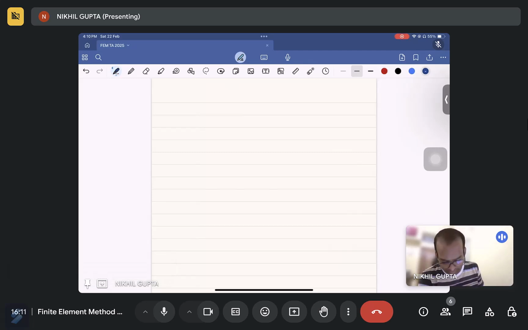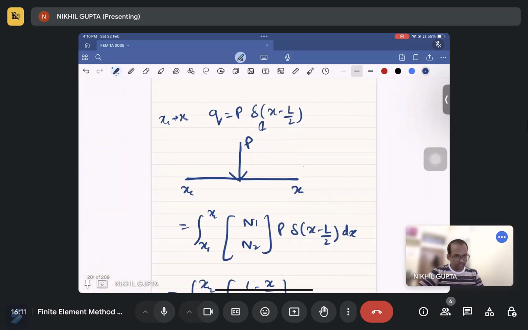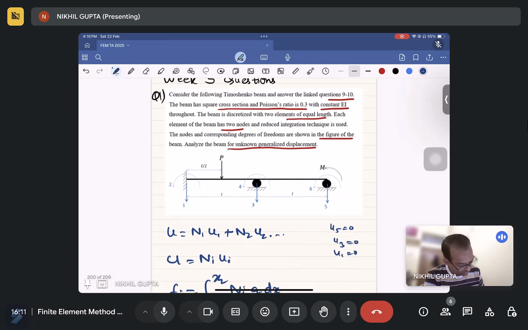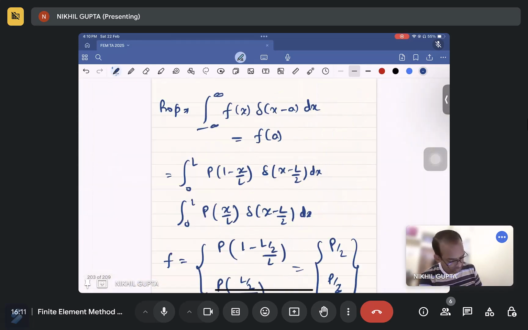Now you have to see how the beam looks. u5 is 0, u3 is 0, u1 is 0, and u2 is 0. So we are left with u4 and u6.